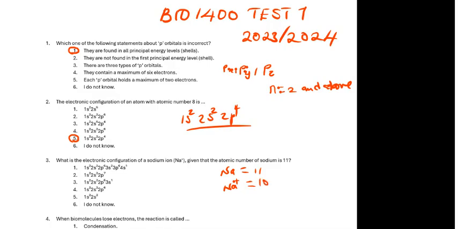So 1s you are going to put 2 electrons, then 2s you are going to put 2 as well, then 2p you are going to put how many? 4 remaining. So you have 2, 2, 4, then plus this one, it has to be 6 since there are 10 in total. So here we have 6. So the answer here is 4.